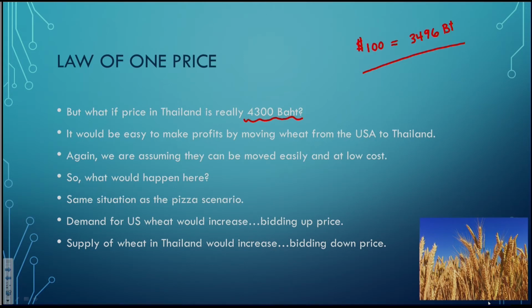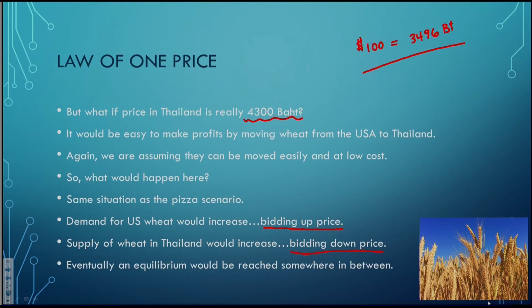So you see what's happening here. We increase demand for American wheat and that bids up the price. But when we increase the supply of wheat in Thailand, because we move the American wheat over to Thailand to sell it there to take advantage of the high price, well, that's going to bid the price down.